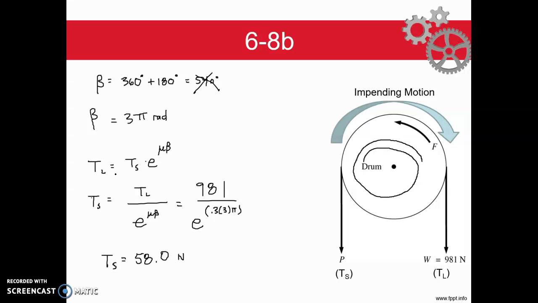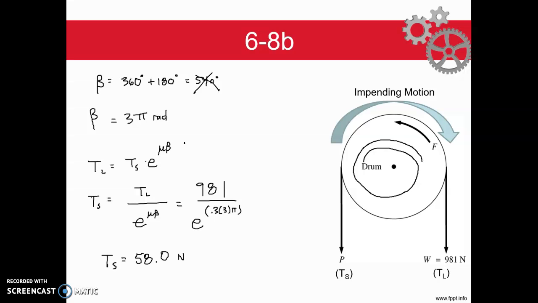So in this example problem, we knew the large tension, we knew the coefficient of friction, we knew the angle of wrap. E is a constant, so we had to solve for Ts. What I want to throw in here, and this is not in the textbook example, is what if the unknown variable is in the exponent? What if, for instance, we need to know the angle of wrap?